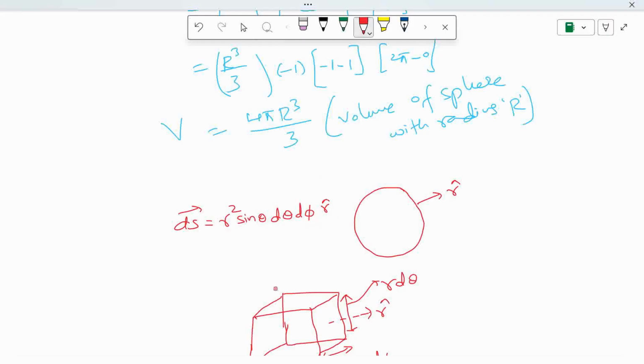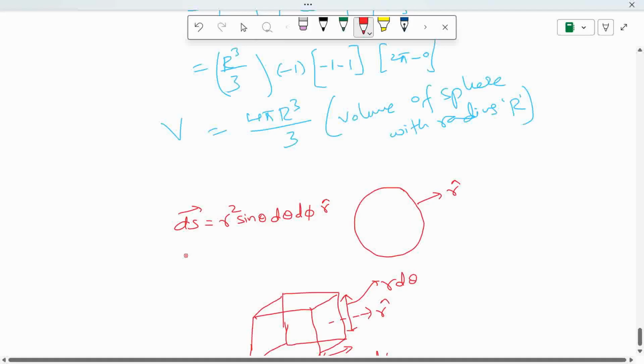Now let's see along phi cap and theta cap. See, we have r d theta and r sin theta. Now when we consider along theta cap, it will be r square sin theta, we are considering along theta cap, so it will be dr and d phi.